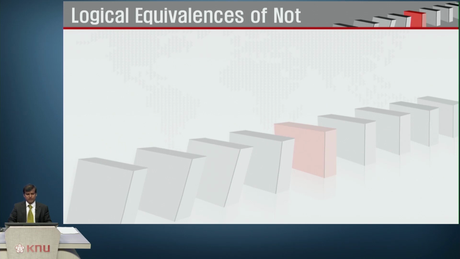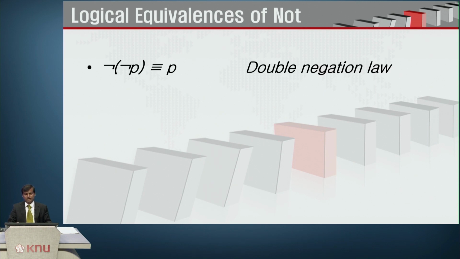So let's look at some logical equivalence of NOT. Here it is, the double negation law. Negation of negation P is similar to P. We know that the negations cancel out, so you have the P as the result.